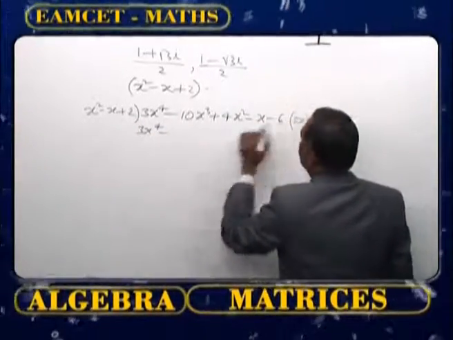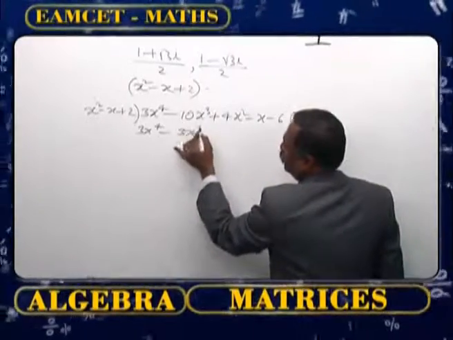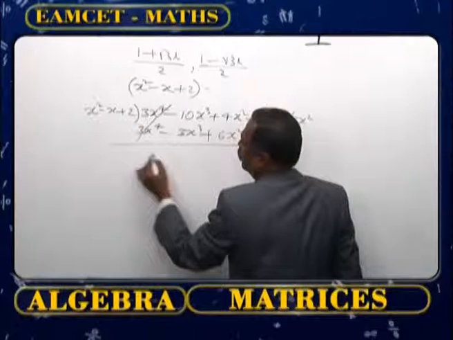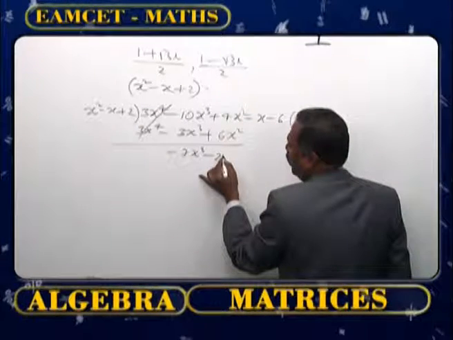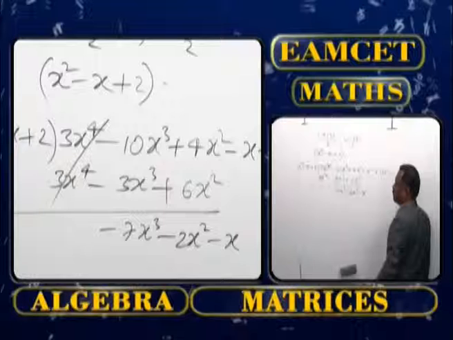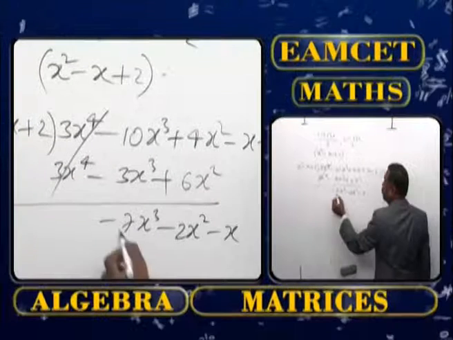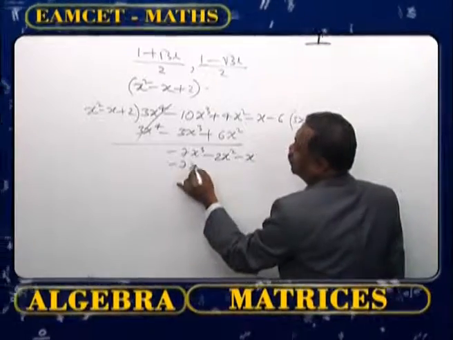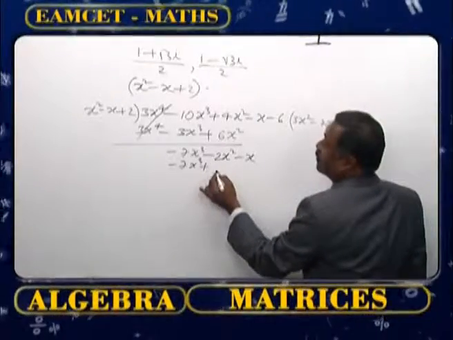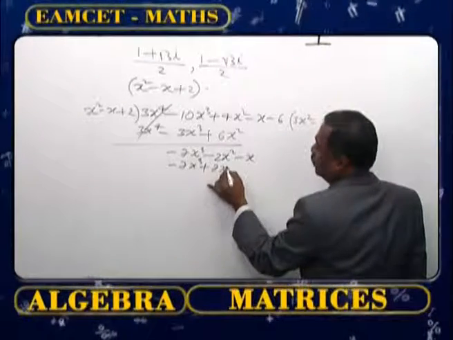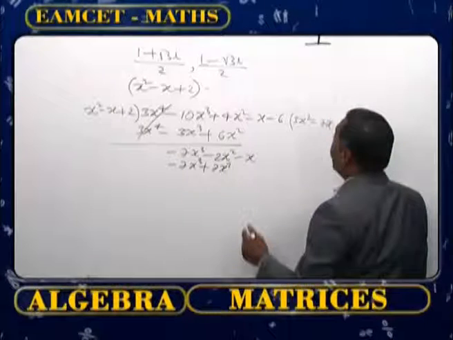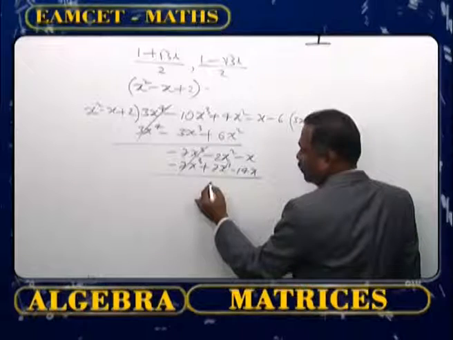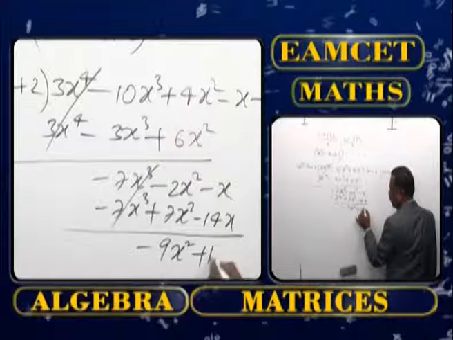Again, multiply by minus 7x, so it will be minus 7x^3 plus 7x^2 and minus 14x, and this will get cancelled, and you'll have minus 9x^2 plus 13x.